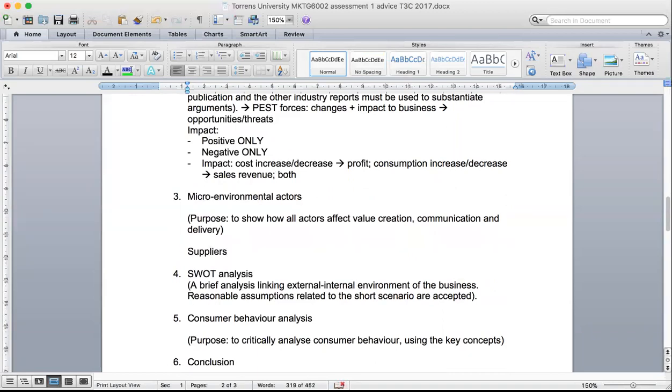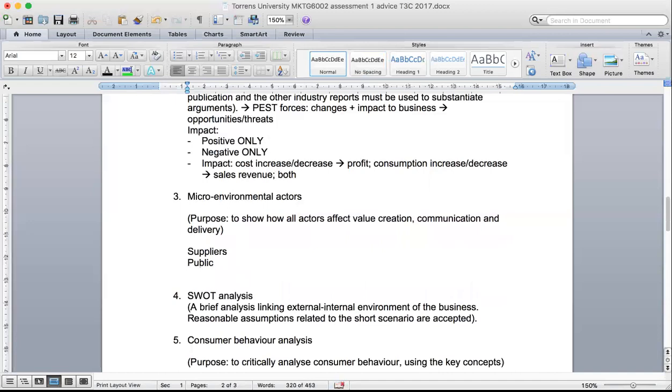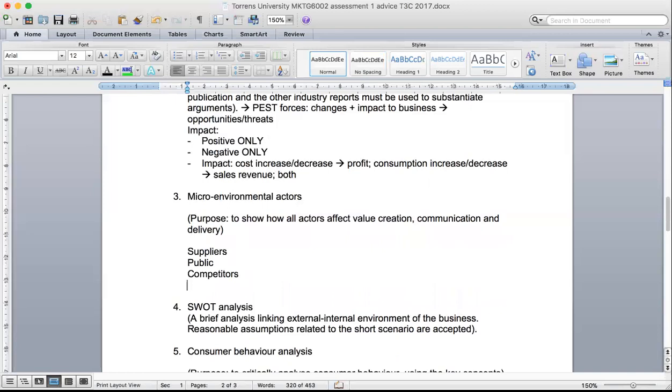Be specific. Make sure when you analyze everything in here, be specific. So the suppliers, public, what voice that they have been shouting. The competitors, the company itself, right? So you can look at marketing department or sales department, R&D, manufacturing or supply chain, and so on and so forth.